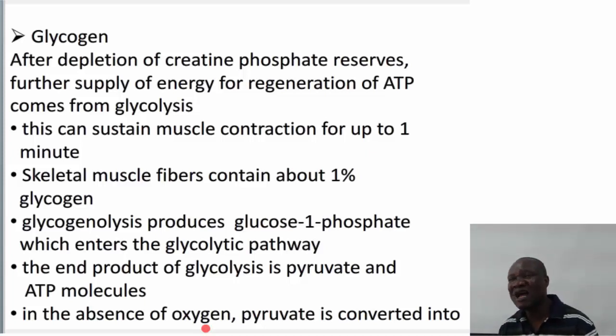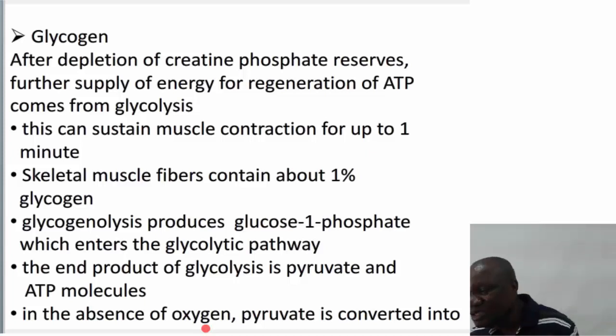Now, this interaction is made faster by the enzyme creatine phosphoryl transferase. Now, the energy that is produced from this process is not much, and it's not sustainable. This energy will be depleted within 5 to 8 seconds, and it's the immediate source of energy supply in the muscle.